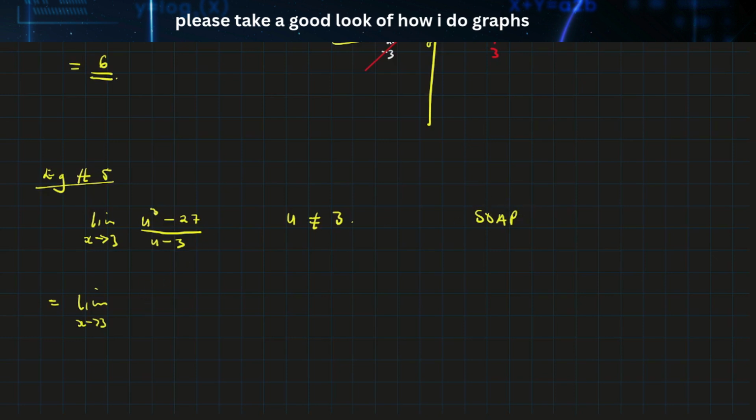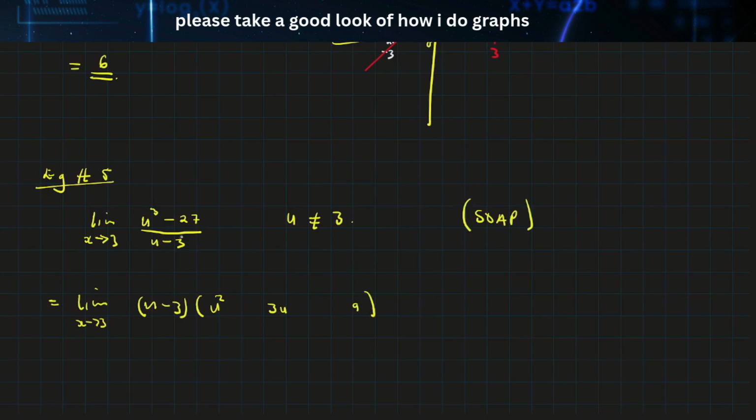Which means if we factorize that cubic, the difference of cubes on top, we are going to realize that it's going to be u minus 3. And then we're going to have a quadratic, which is u squared plus 3u plus 9. So the signs, that's what we use this for.